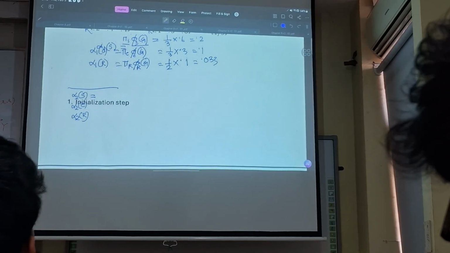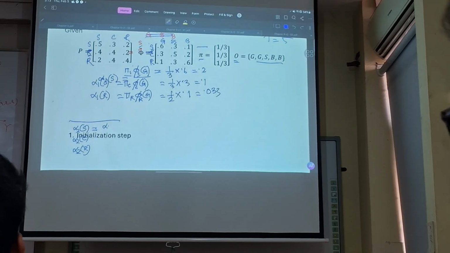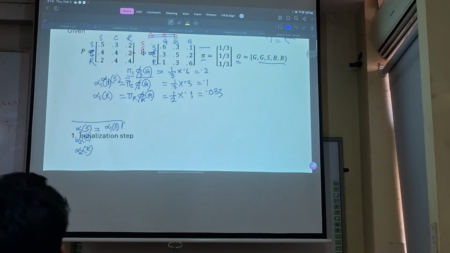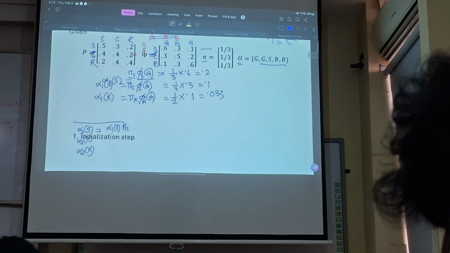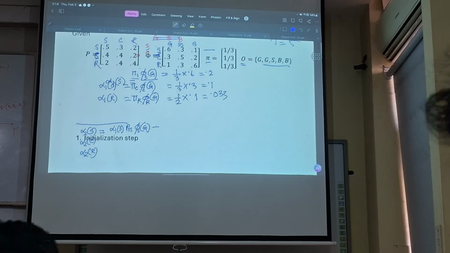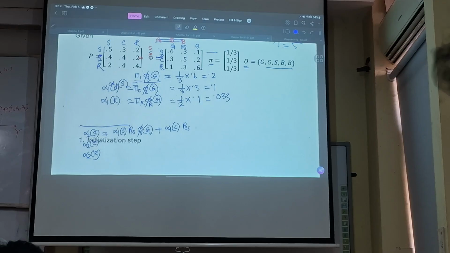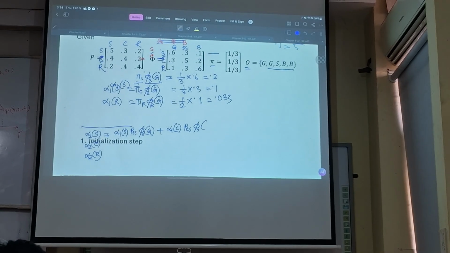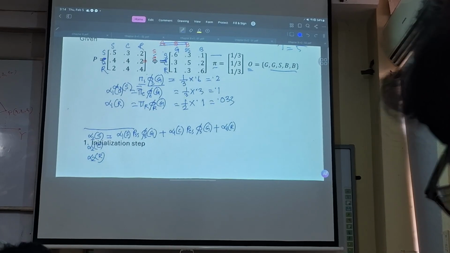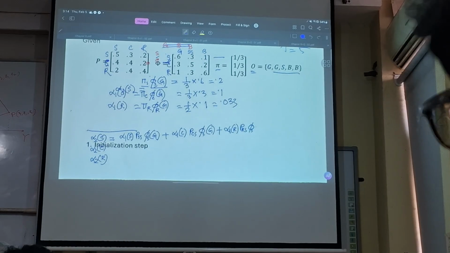So what is alpha 2s? Can you spell it? Alpha 1s times a transition from s to s and phi s, plus alpha 1c, a transition from c to s, then phi s, plus alpha 1r, a transition from r to s, phi s.